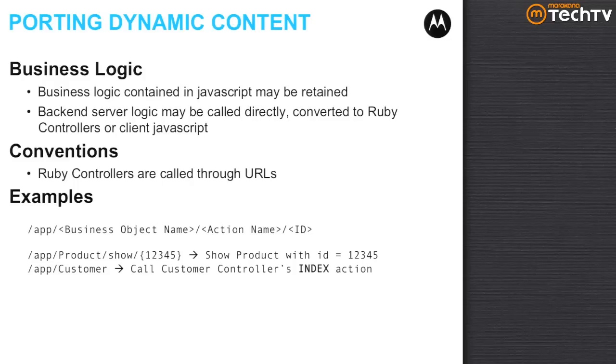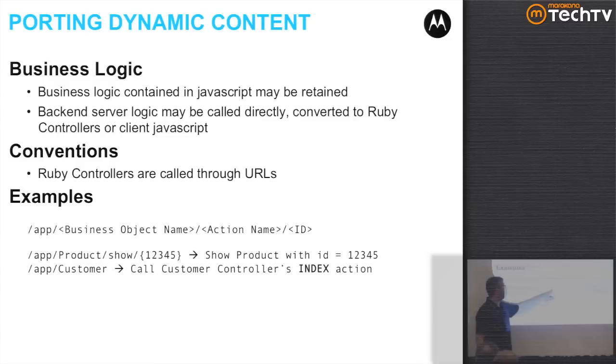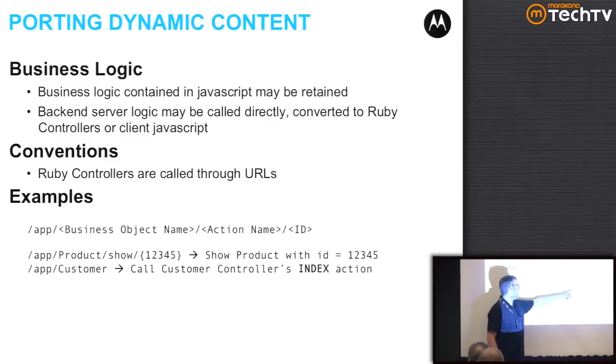I'll show you an example of how this plays out. Here's an example of a URL: app product show 12345. And what this translates as is, show me the product with the ID equals 12345.